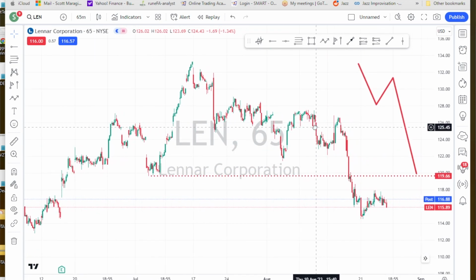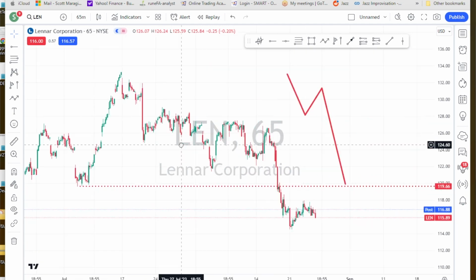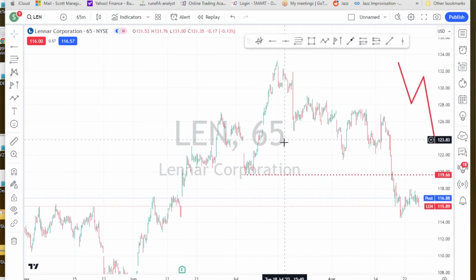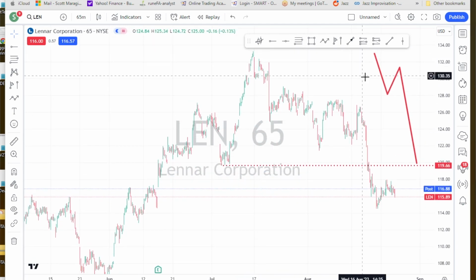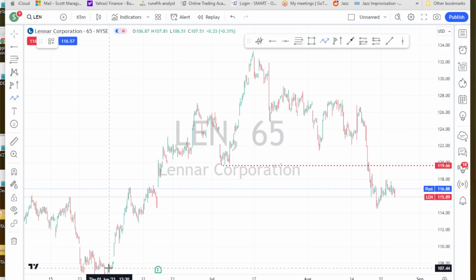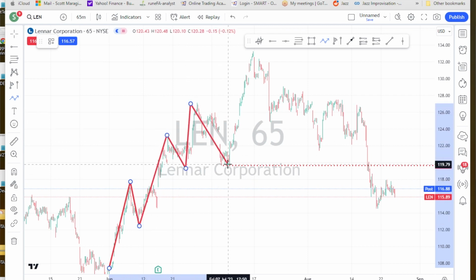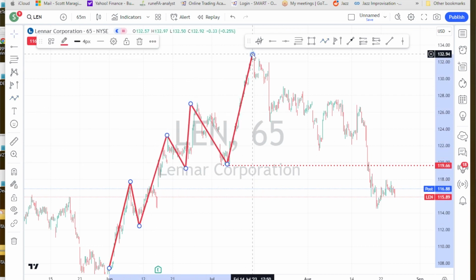Another example is what I just talked about as far as a reversal. Right, and if you look here, let me pull this together a little bit. What had happened here was a pretty good looking uptrend.